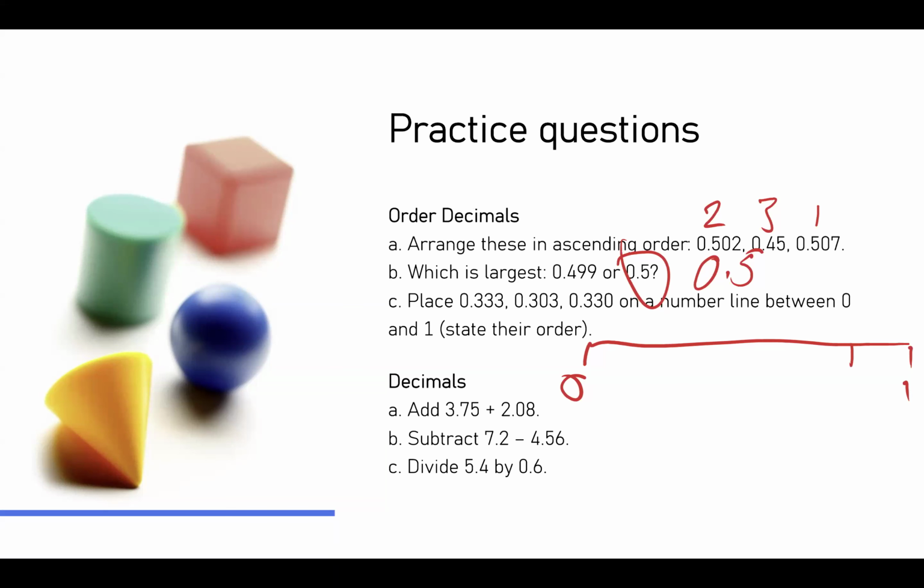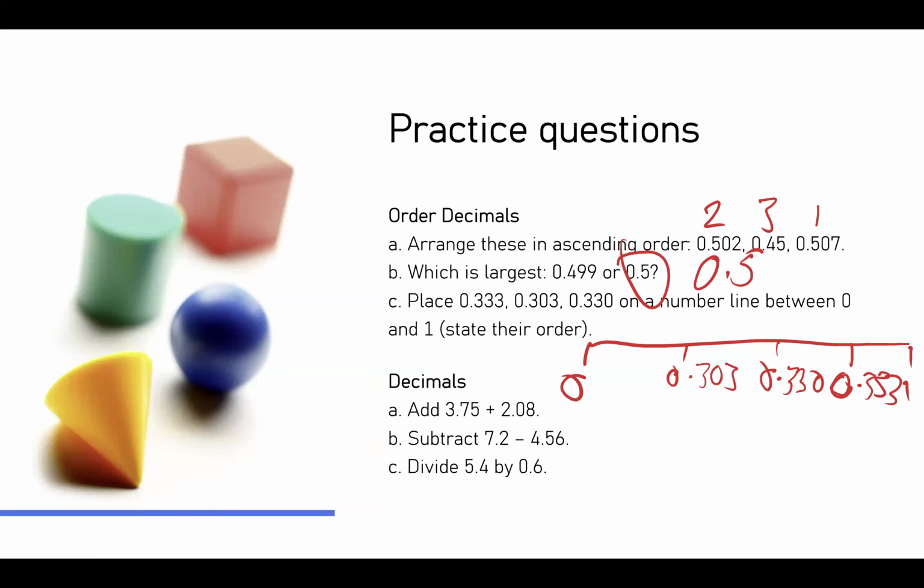So it would be 0.333. Second biggest would be 0.330, because that is greater than 303. So the second one would be 0.330 and this would be 0.303. So that's how we would write it.